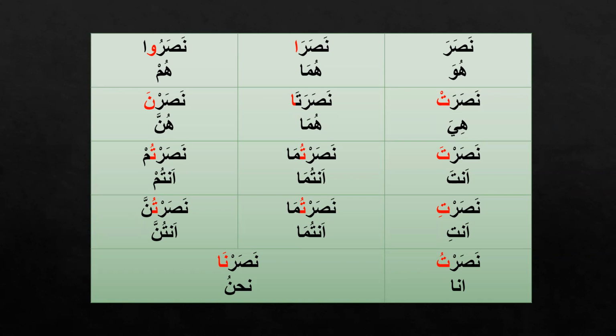And remember again, this ta is just denoting that it is a fi'l used for females, to differentiate between this Nasara and Huma Nasarata. And this ta is showing us that this is used for two females, a dual form.